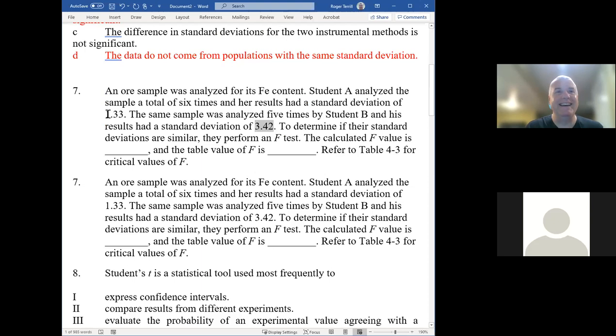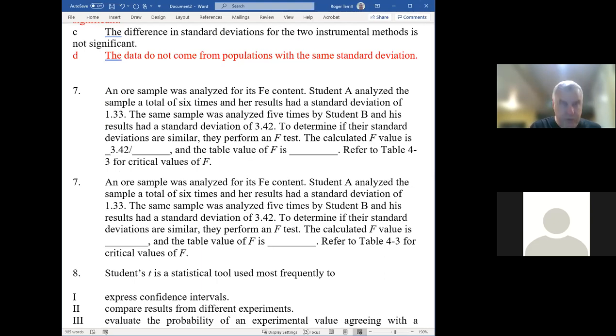To determine if their standard deviations are similar, they perform an F test. The calculated F value is going to be 3.42 divided by 1.33, squared.